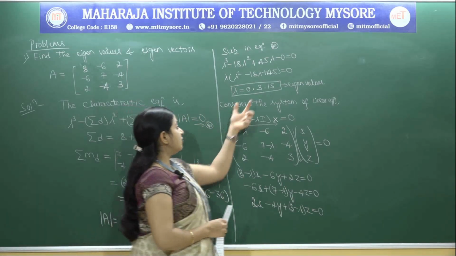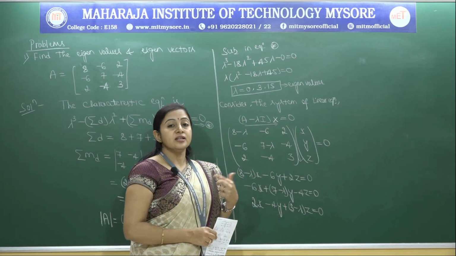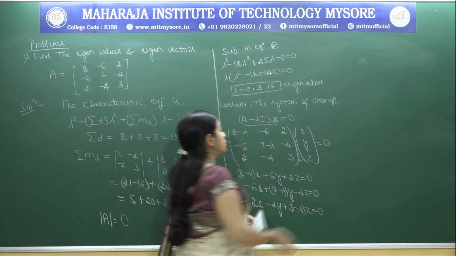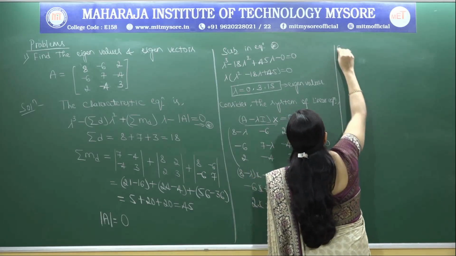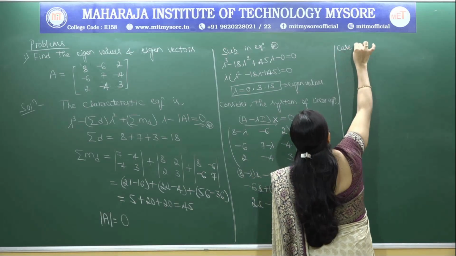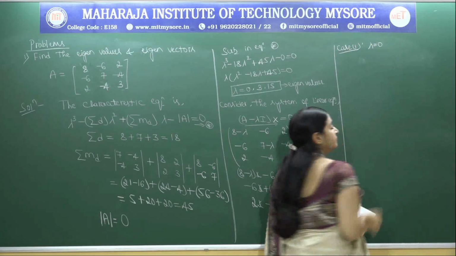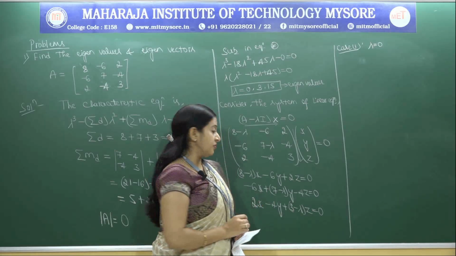So these are the system of linear equations. Then substitute the eigenvalues into the system of linear equations. Then solve that, you will get the corresponding eigenvectors. So I will write this step by step. The first one, case 1, put lambda equals 0 into the given system of equations.